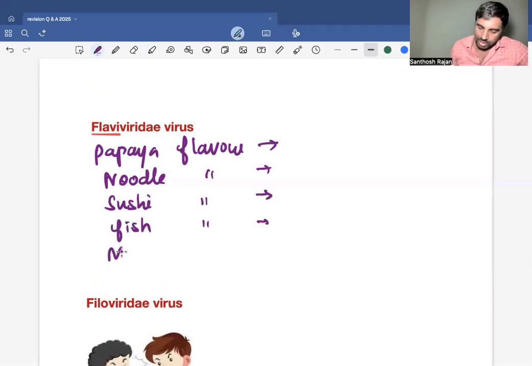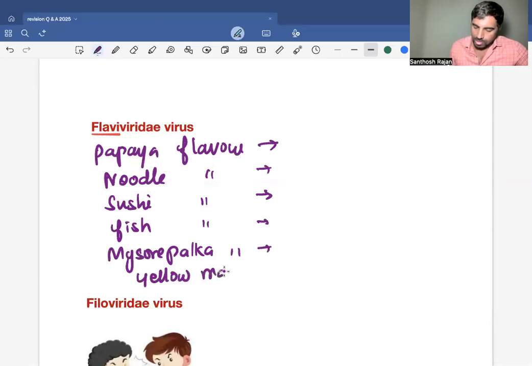Sometimes Mysore Pak, the Tamil Nadu sweet, the soft ghee sweet. Also papaya and yellow mango. Of course, yellow mango flavor.